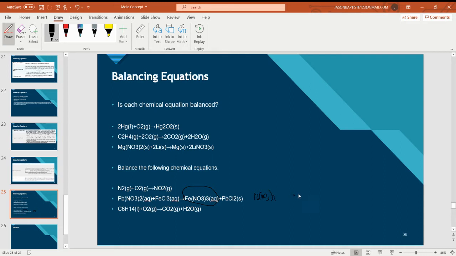Plus FeCl3, let's give a little more space. Okay, I could write that a little better than that.